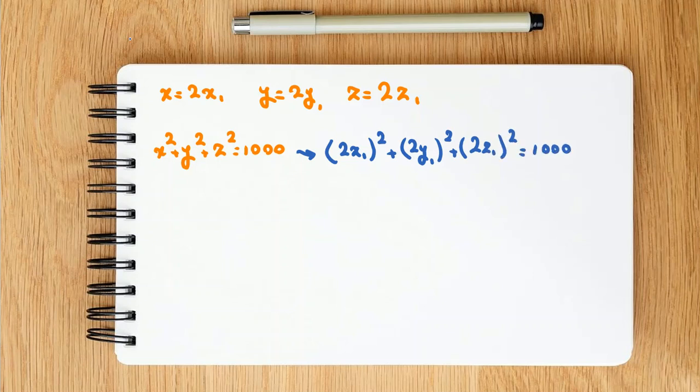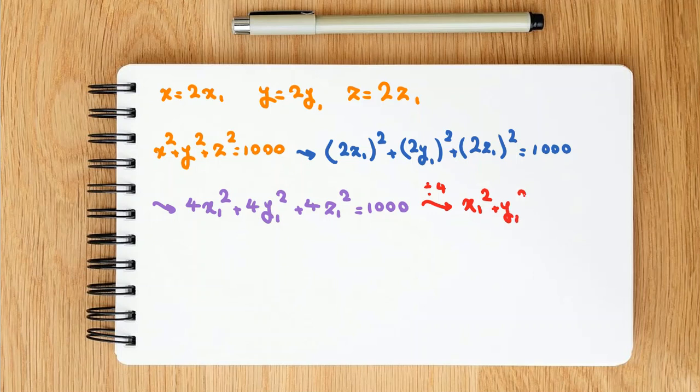Now we can simplify: 4x1 squared plus 4y1 squared plus 4z1 squared equal to 1000. And now we divide both sides by 4. So x1 squared plus y1 squared plus z1 squared equal to 250. Now, if you check, 250 is not a multiple of 4. The remainder when divided by 4 is 2.